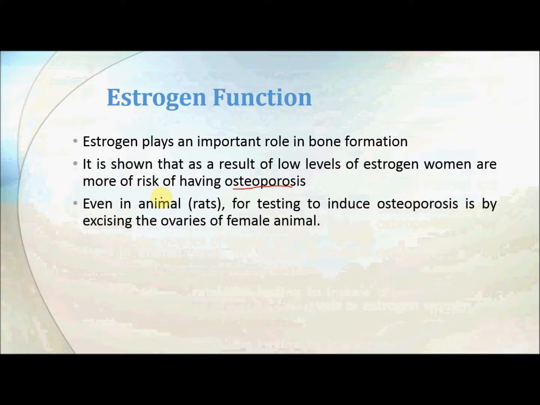Even in animal testing, we induce osteoporosis by surgery, excising the ovaries of the female animals. So we take out the ovaries, and the osteoporosis model animal would be done in a week or so.